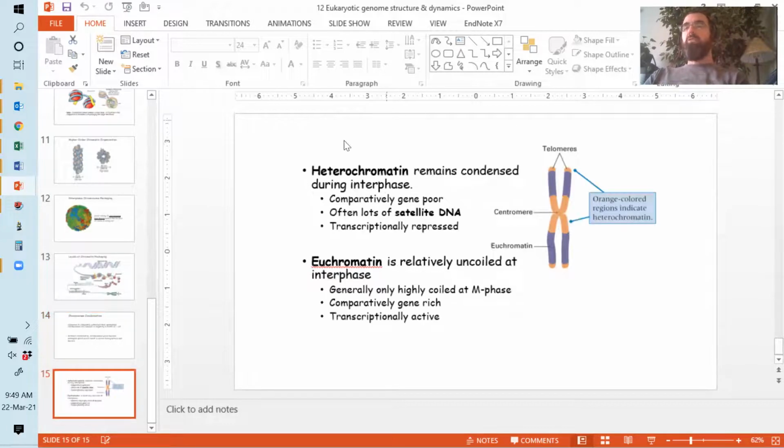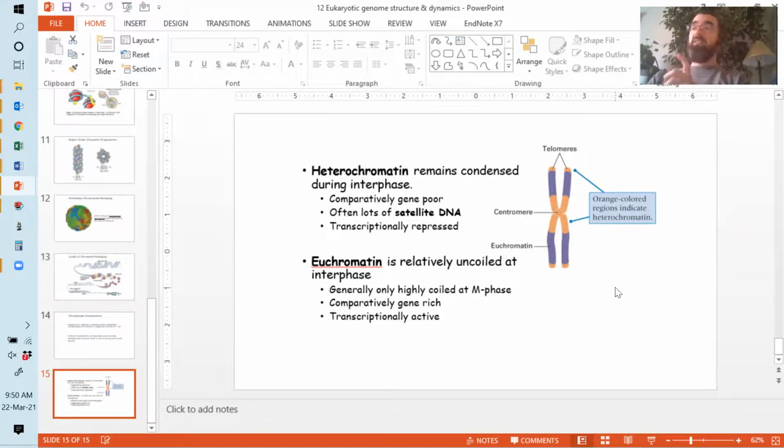So this heterochromatin versus euchromatin can be per chromosome, right? Depending on whether it's in interphase, stationary phase, or M phase, right? So it's kind of decondensed or supercondensed, right? And also it can be by region of a chromosome, right? So the ends and the middle are generally condensed and inaccessible, right? So they're not expressed, versus the arms.